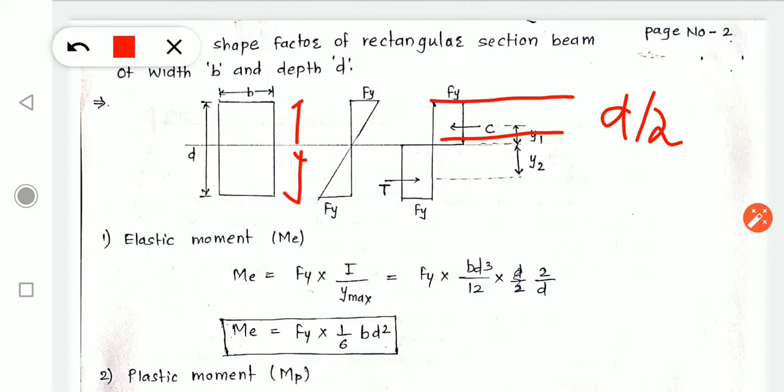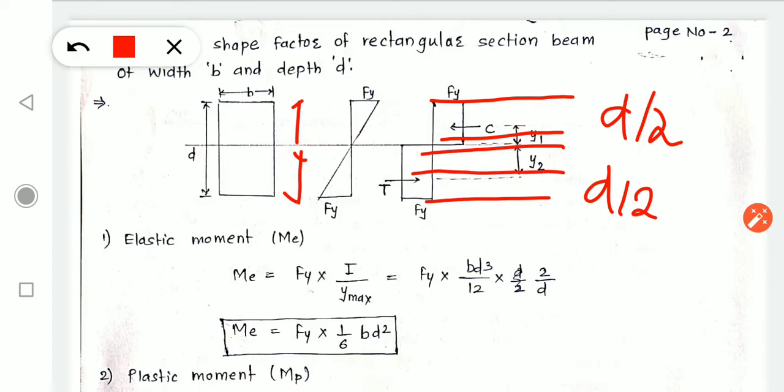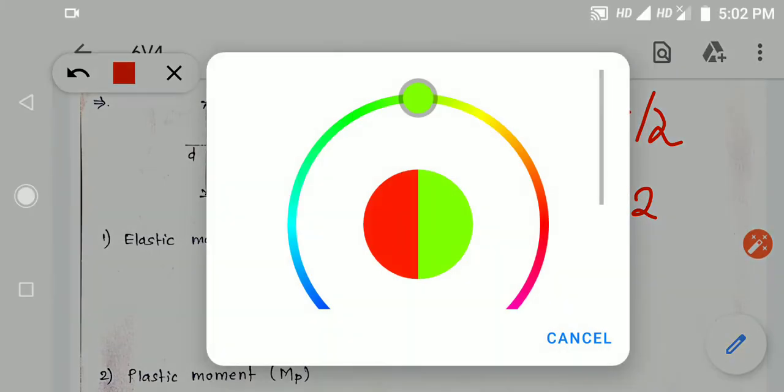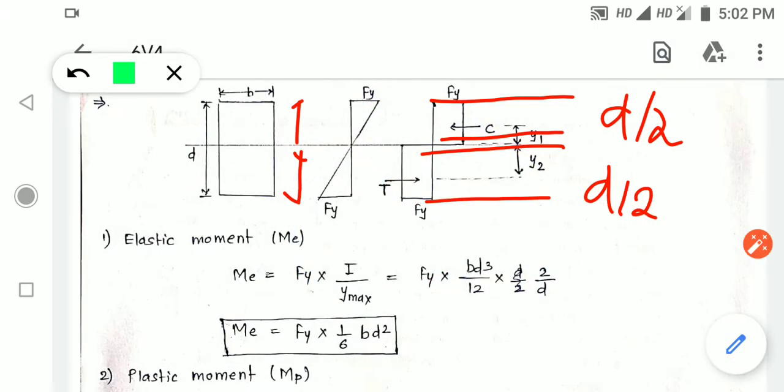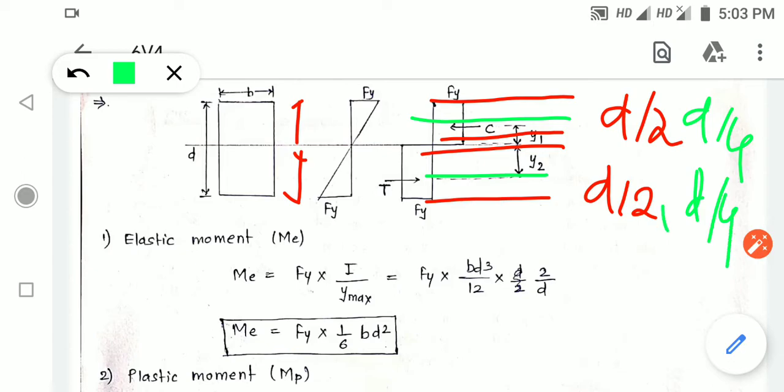Therefore the upper part is D by 2, the lower part is D by 2. And once we understood this is D by 2, half of that will be Y. Half of it and half of it. How much will it be? D by 4 and D by 4. That will be the distance of Y2 and Y1.